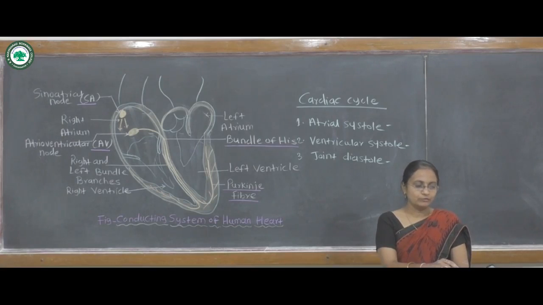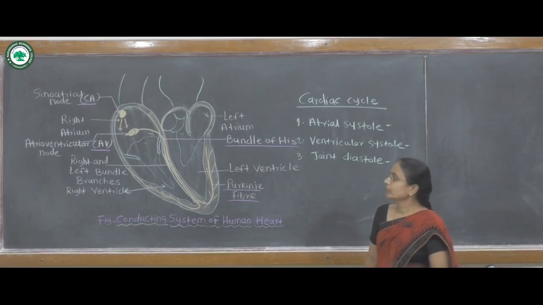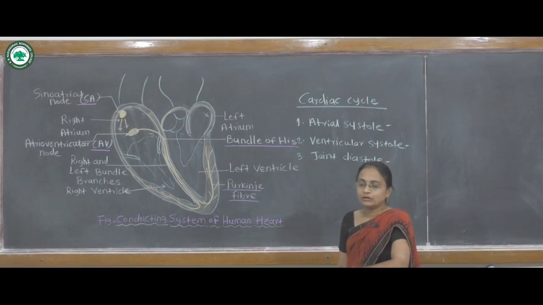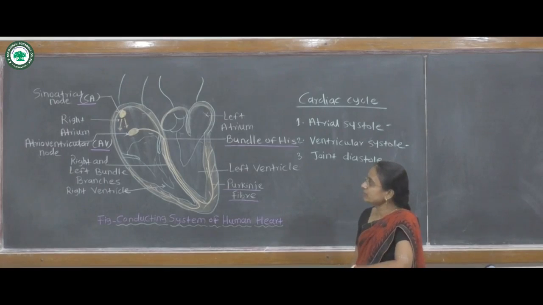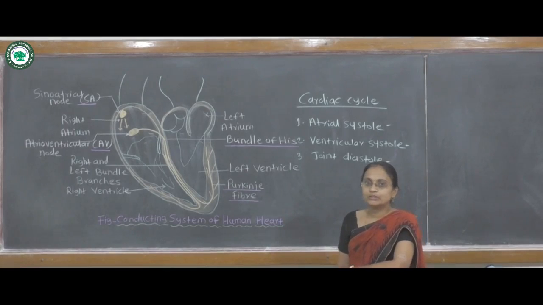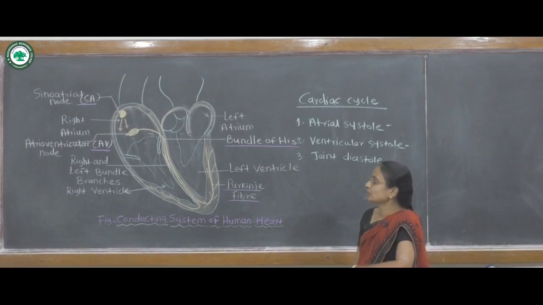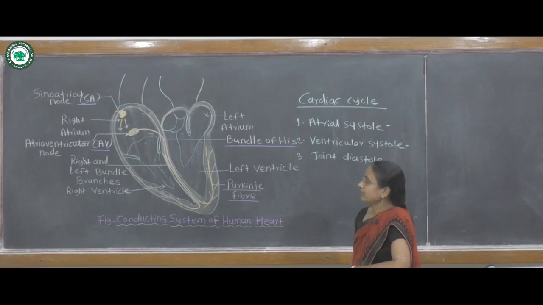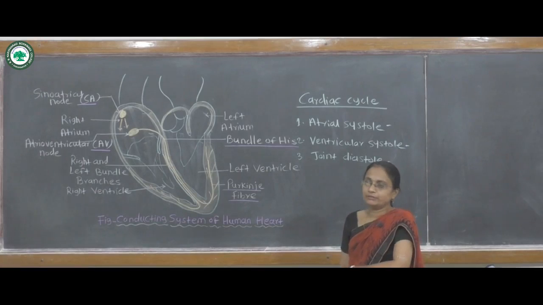During the opening, the bicuspid and tricuspid valves open, and the oxygenated and deoxygenated blood respectively enter into the left ventricle and the right ventricle.